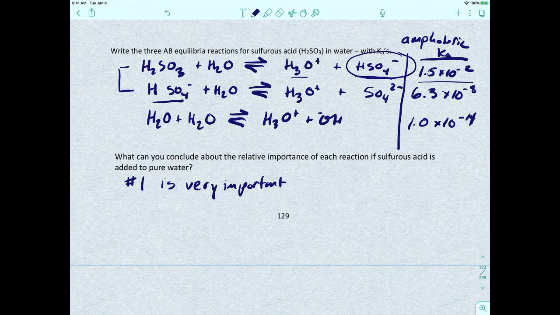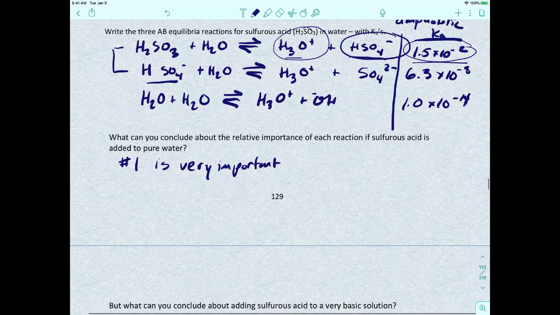Yes, the second reaction is going to provide a little bit. The third reaction also provides hydronium ion a little bit, but not as much as the first reaction. And again, we know that because the Ka is so much bigger than the other two.